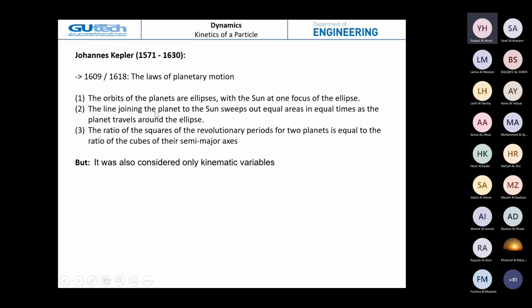The line that joins the planet to the sun sweeps out equal areas in equal time as the planet travels around the ellipse. But the important thing is that it also considered only kinematic variables, but not the kinetic ones.